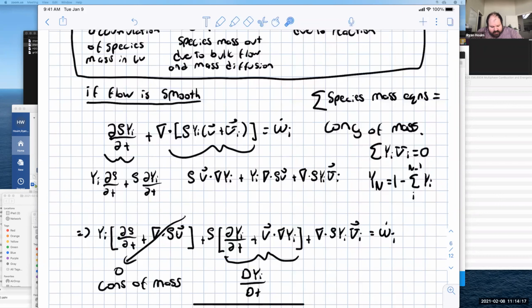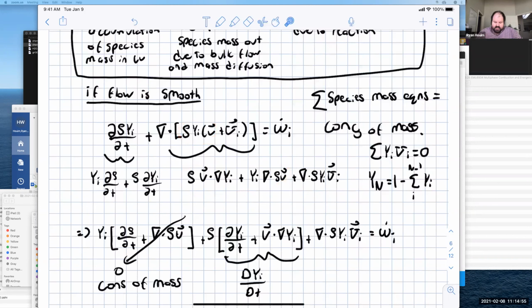I'm going to break it up so that the vector is rho v, and the scalar here is Yi. So I have rho v dot grad Yi plus Yi times the divergence of the total mass flux rho v. And I'm not going to do anything special with the diffusion velocity. Here I just used the divergence version of the product rule on these terms.